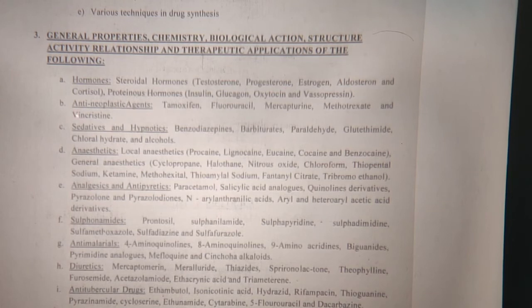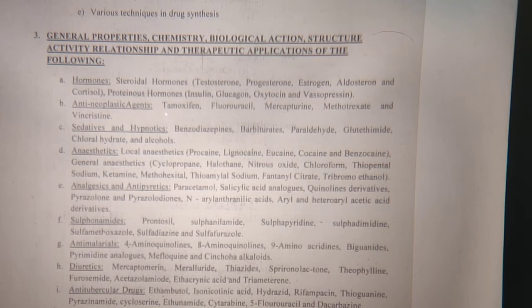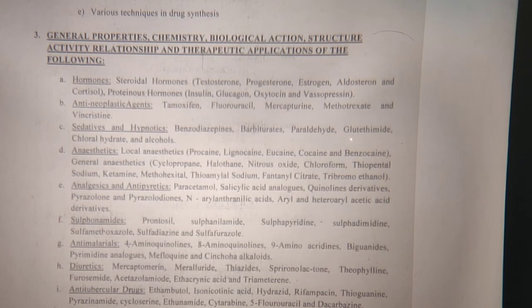B, anti-neoplastic agents. Under anti-neoplastic agents, we will be sharing tamoxifen, fluorouracil, mercaptopurine, methotrexate and vincristine, natural alkaloids. C, sedatives and hypnotics. Under sedatives and hypnotics are included benzodiazepines, barbiturates, paraldehyde, glutethimide, chloral hydrate and alcohol.